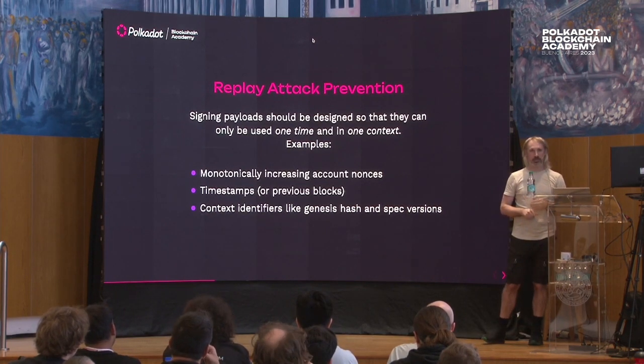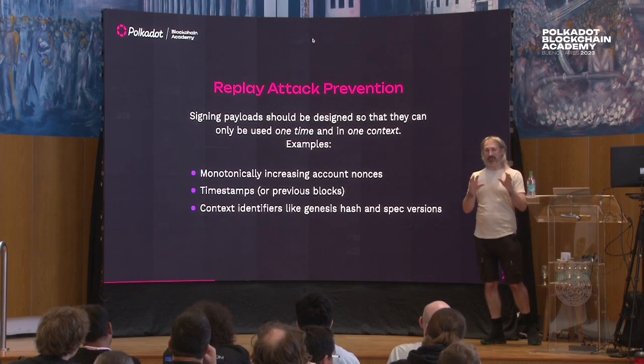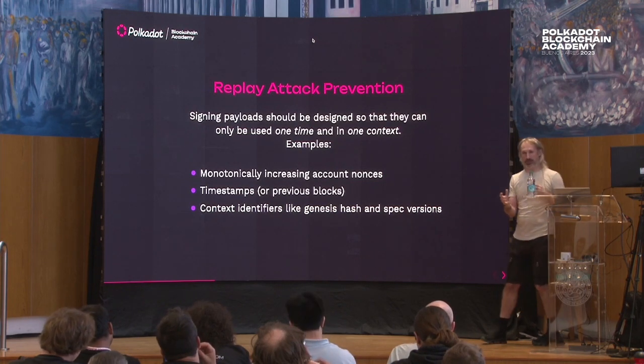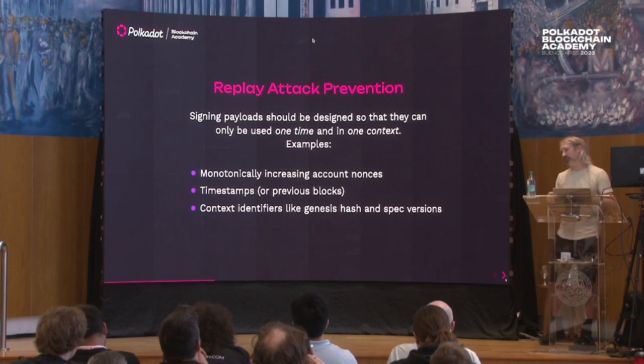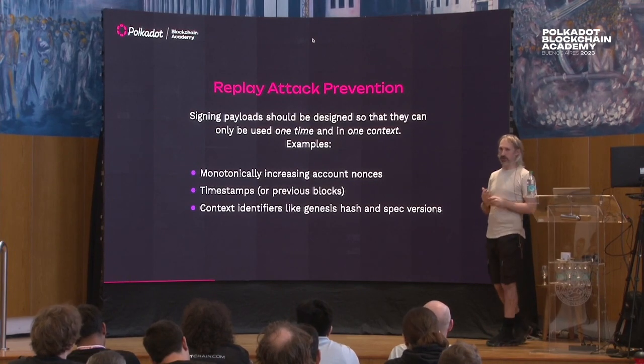So this is where you've got to be careful about message formats, precisely what it is that the user is signing. You're generally just going to have to namespace everything. You have to make sure that some format or identifier for your application that could never be accidentally confused with anything else is part of the message payload that goes into the signature.